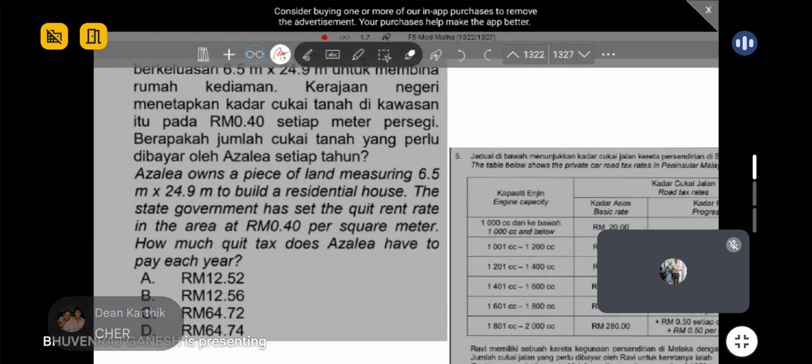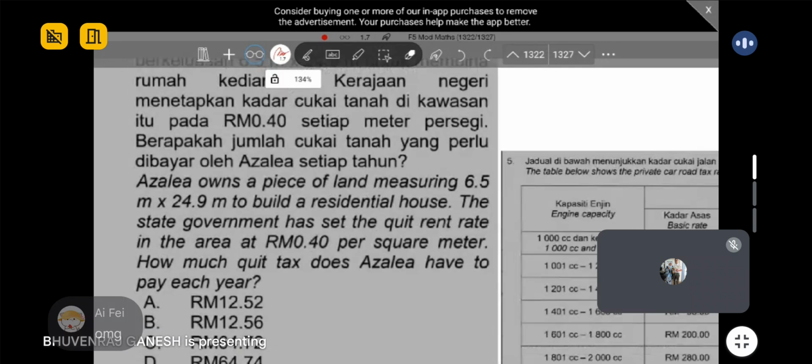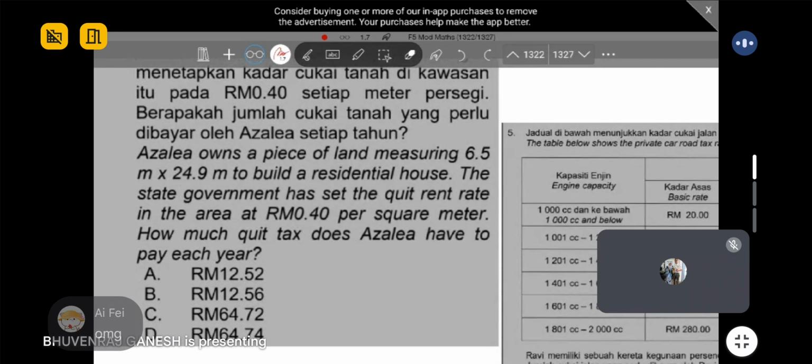Okay. So for boys team, still 0 points. Okay. So next one. I mean, how to solve this? Okay. So basically, very simple, guys. You must count your total area. Kira jumlah luas 6.5 times 24.9. Then you times 0.40. Do you all understand, Chua Bun Kang and Aife?